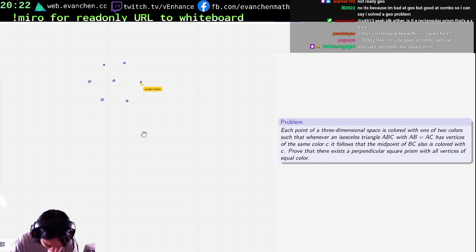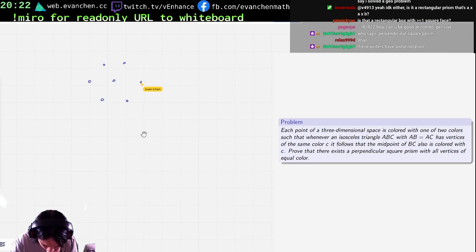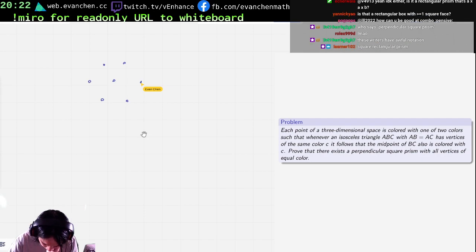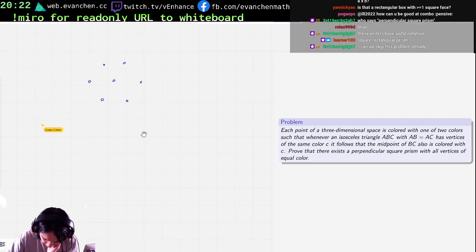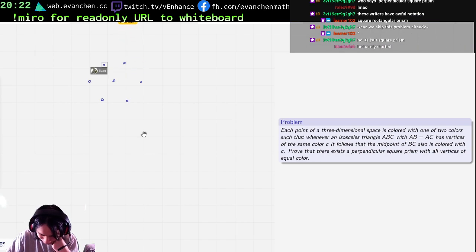Okay, so there's 4 points of the same color. Is it always the case that 3 of them make an isosceles triangle? I think so. If you have the center, you're definitely okay. If you don't have the center, then 1, 2 should be also fine, right? Like this.